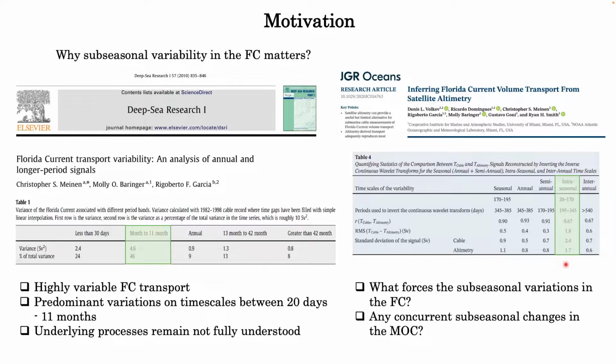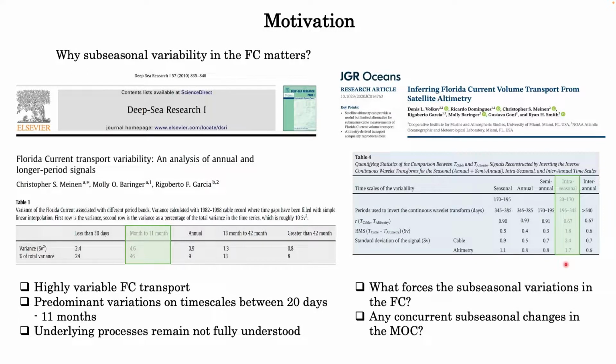And another nice paper from Volkov et al. in 2020, I guess, also showed that the intraseasonal, subseasonal variation of the transport showed the largest standard deviation compared to that of the seasonal, annual, semi-annual, and interannual timescales.